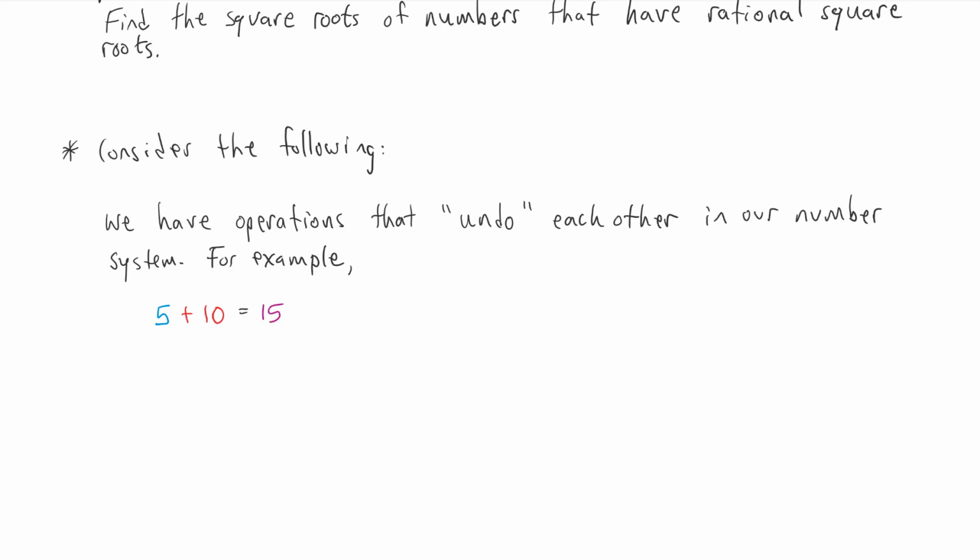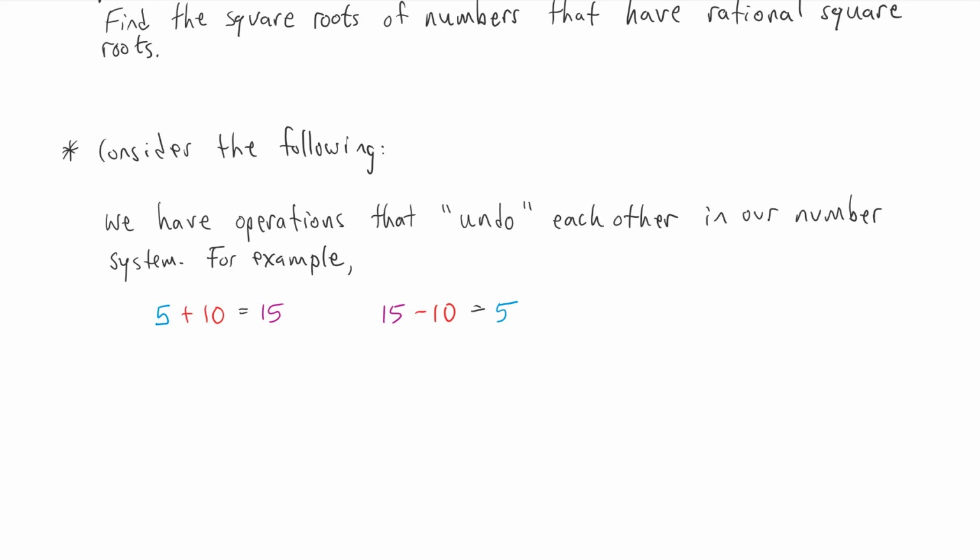So I can take the number 5 and I can perform the operation of addition. I can add 10 to that and get 15. But we have an operation that will undo that. We have subtraction. So I could take that 15 that I got, and I then could subtract 10. And what that would do for us is it would get us back to the 5 that we started with.